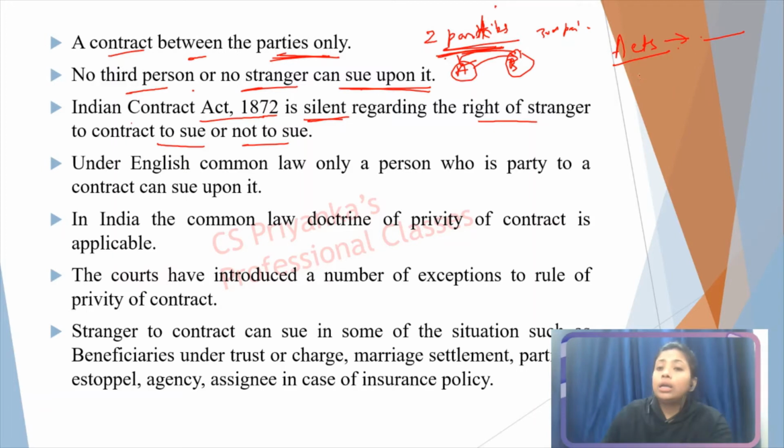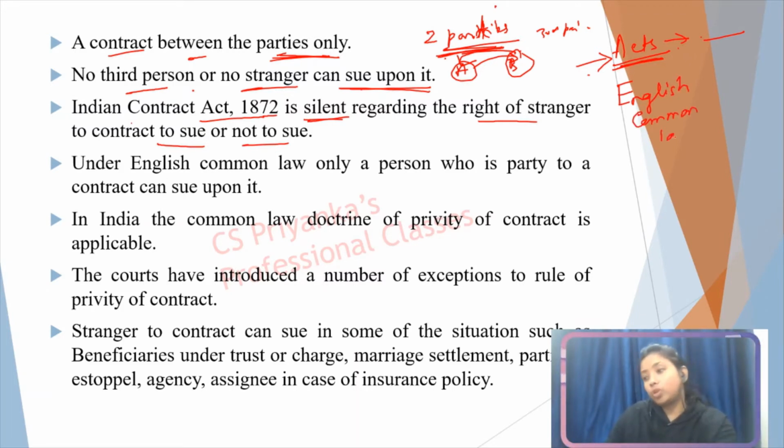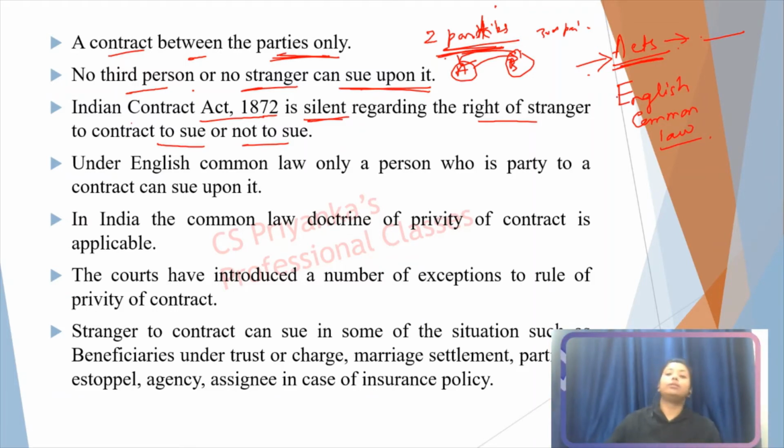Now, we will follow the act, and if anything is missing in the act, we usually follow English common law. What is English common law? When the acts were not there before, we were under the British rule.